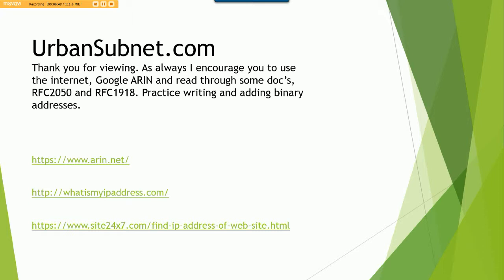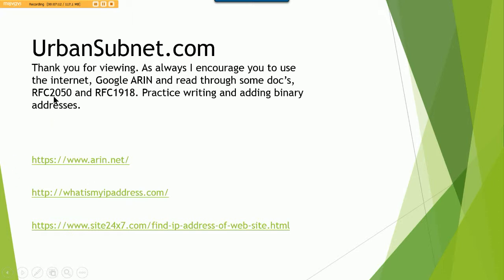I believe that's the acronym for that. But that's the institution that assigns these IP addresses out. So you can go to their website and read through some of the documents there. Lots of very good information about IP addresses there. I mean, we're learning about IP addresses, so the more you know, the better it will be for you.